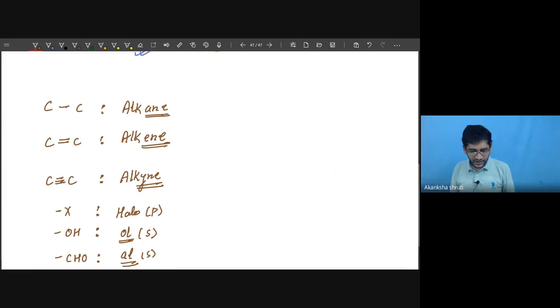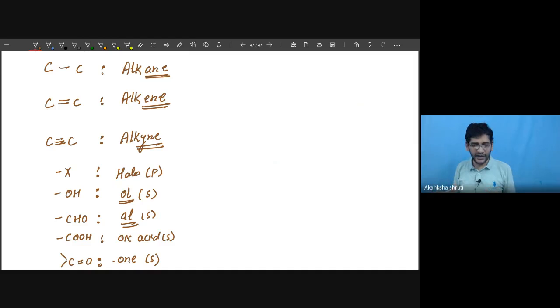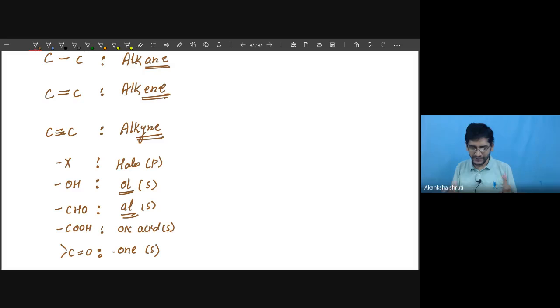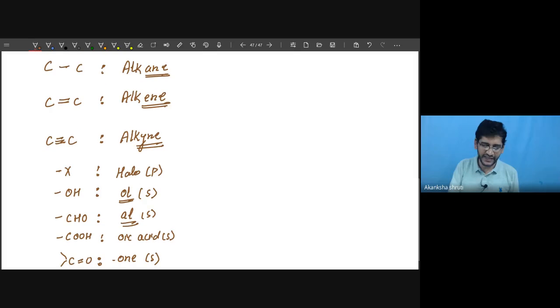Okay. So now I am going to make a table which contains different numbers of carbon. What will be the name for alkane? For alkyne, what will be the name? For alcohol, what will be the name? Those things I am going to take. Okay, students, did you write? I am going to tabulate this with an example in front of this.